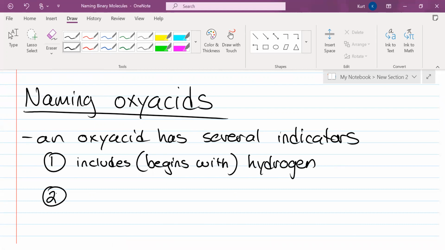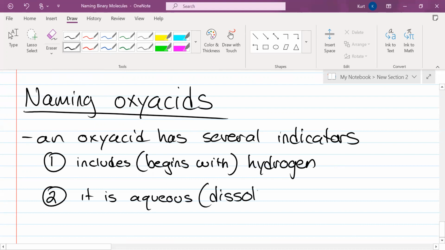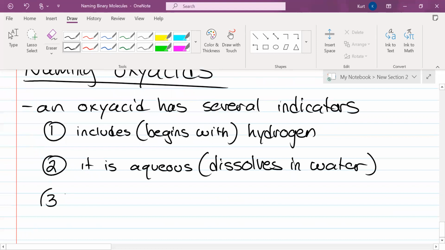It's got to be aqueous. If you don't recall from yesterday what aqueous means, it means that it dissolves in water. That's what aqueous stands for. It just dissolves in water. Here's number three. Why do you think we call it an oxyacid? What else should it include? It includes oxygen.